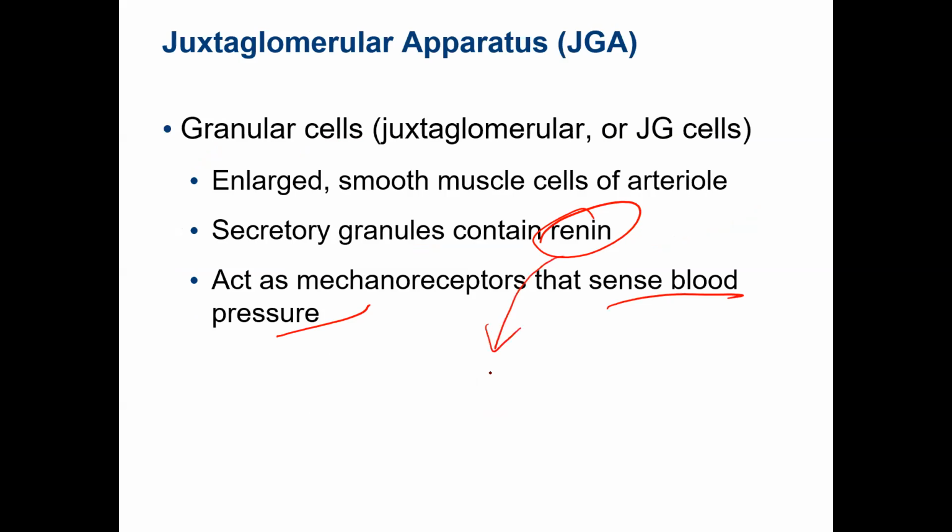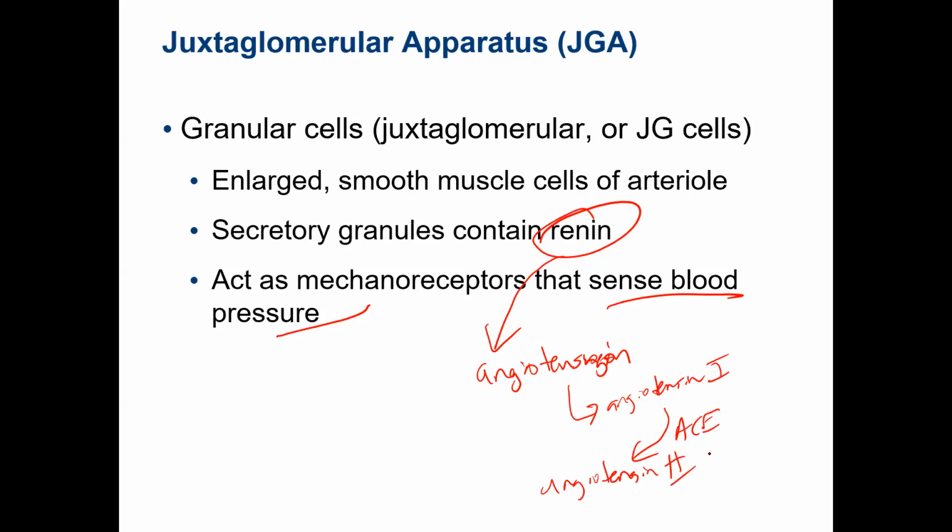So renin causes angiotensinogen to become angiotensin 1. Angiotensin 1, with the angiotensin converting enzyme, becomes angiotensin 2. Angiotensin 2, by the mechanisms we've talked about before, brings blood pressure up.